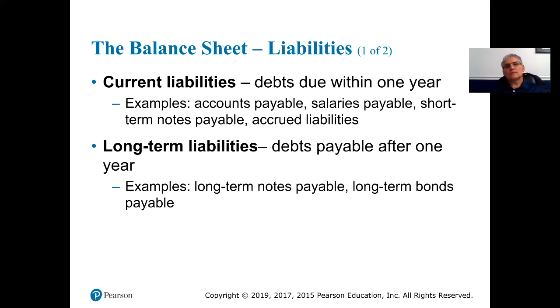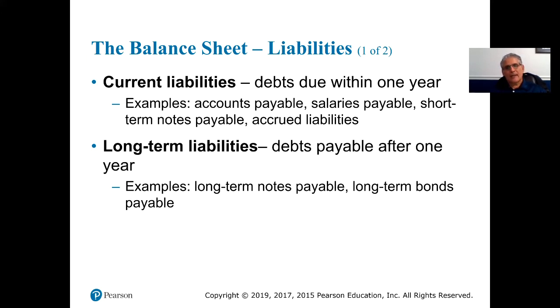Short-term notes payable, meaning you signed a note to borrow a lump sum of money and you promised to pay it back. But when you signed the note, you promised to pay it back within 1 year. That's a short-term note. Accrued liabilities, we'll talk a little bit more about what that really means, but it's really just a liability, something that you owe. Just think of it right now as something that you owe.